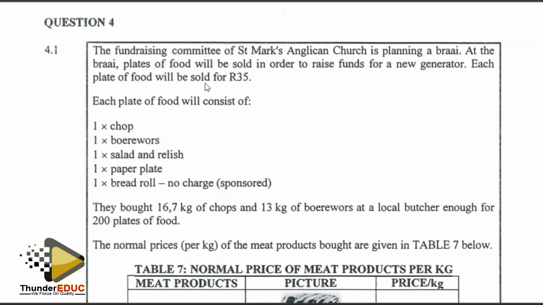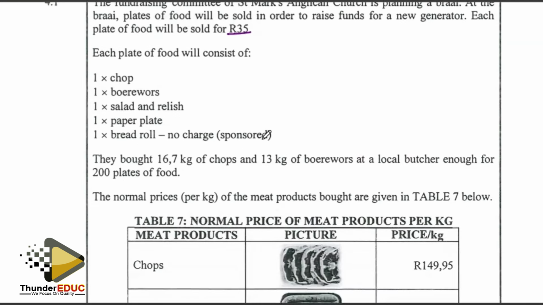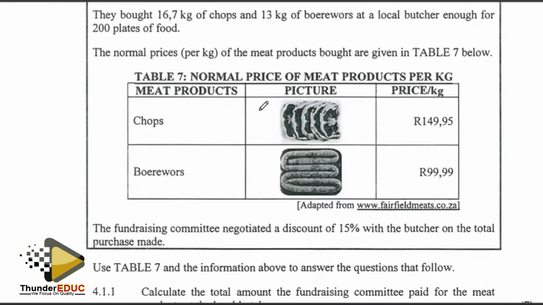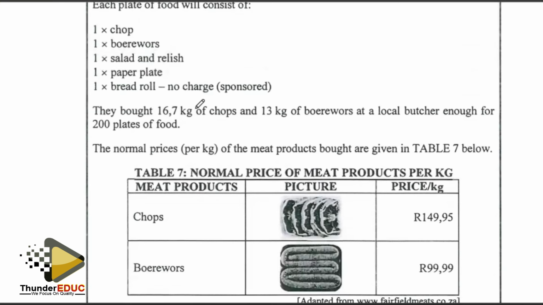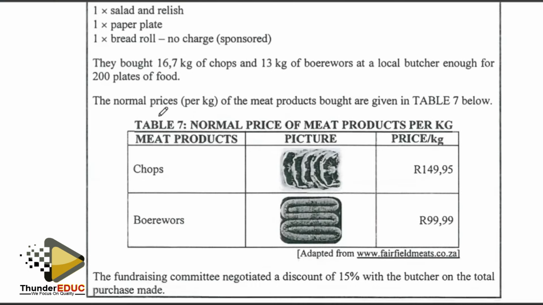Each plate of food will be sold at 35 rands. The plate will consist of a chop, boerewors, salad, paper plate, everything. Okay, we look at the values, which say they bought 16.7 kg of chops and 13 kg of boerewors at a local butcher, enough for the 200 plates.